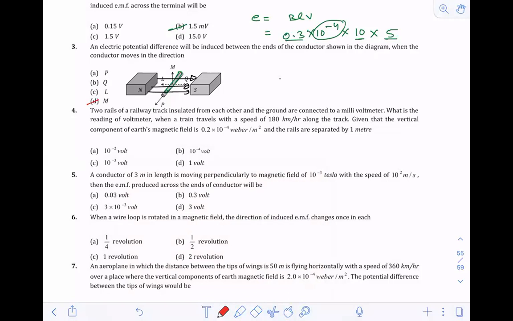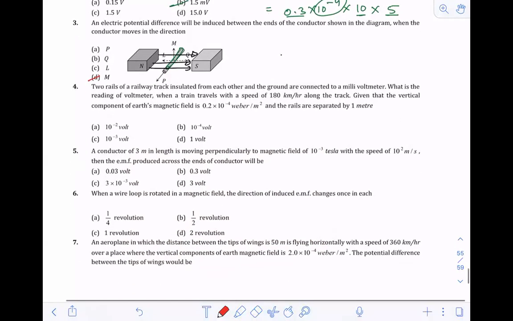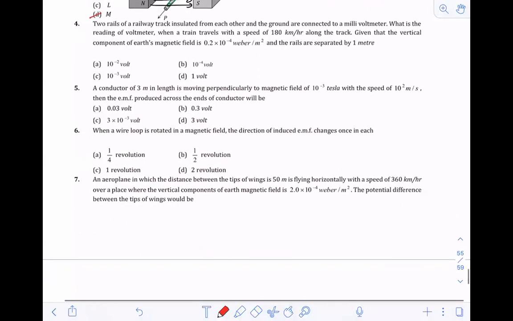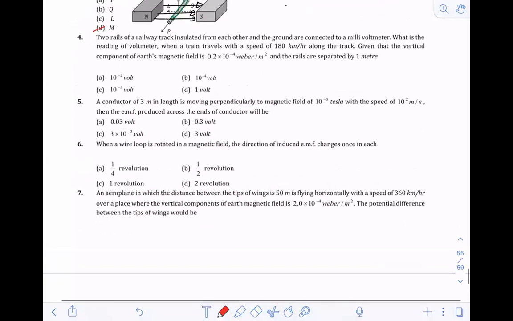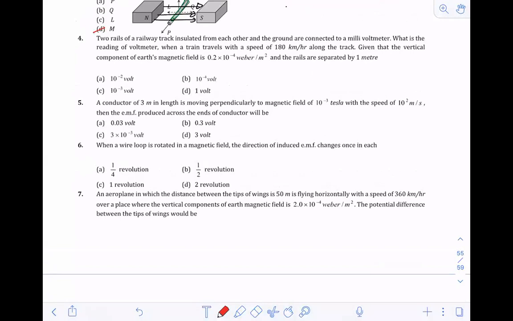So if you have solved 3, solve the 4th one. Question number 4.